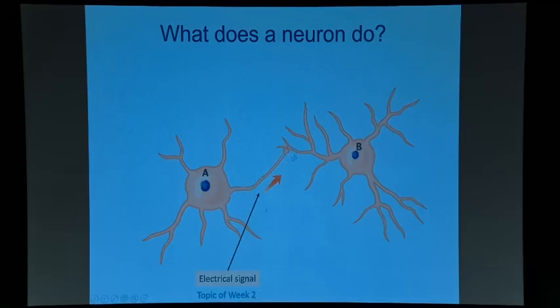And that chemical signal, which involves the release of chemicals called neurotransmitters, can then be detected by often the dendrites, sometimes the cell body of another cell, and in that way a signal is then passed from neuron A to neuron B.